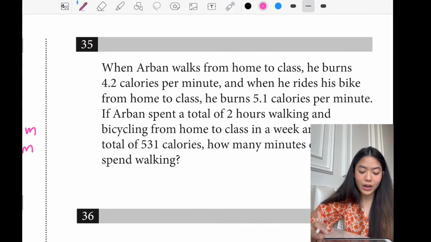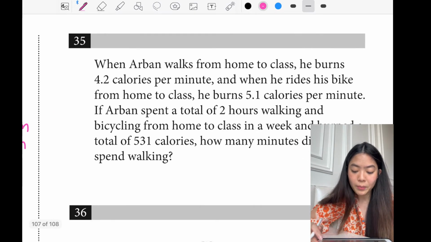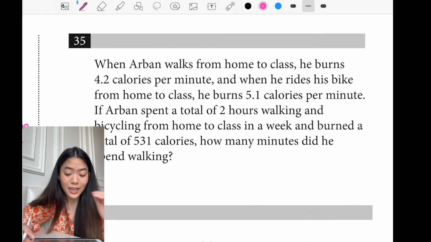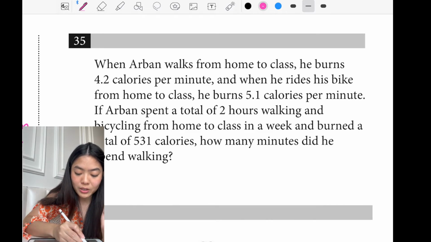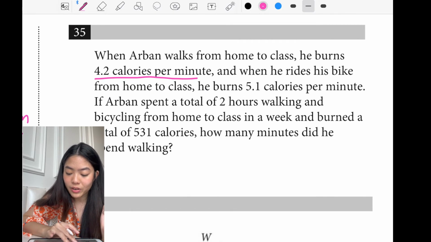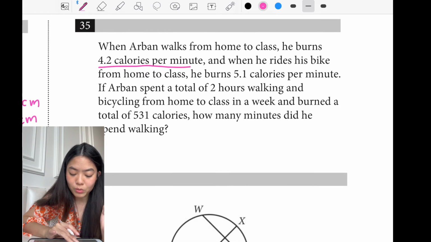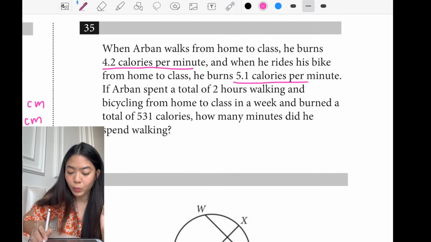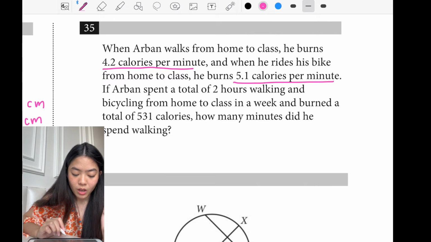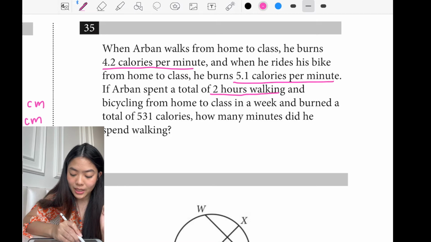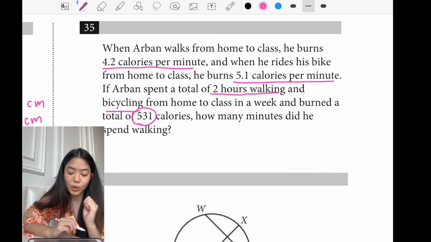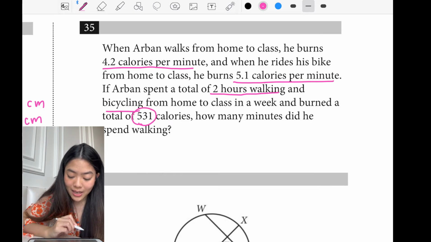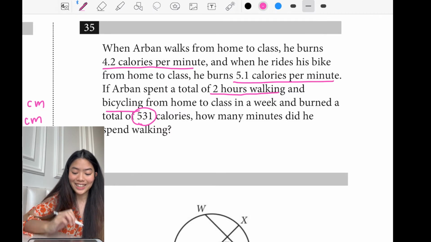Next one, 35. When Alva walks from home to class, he burns 4.2 calories per minute. When he rides his bike from home to class, he burns 5.1 per minute. If Alva spent a total of 2 hours walking and bicycling from home to class in the week and burned a total of 531 calories, how many minutes did he spend on walking?